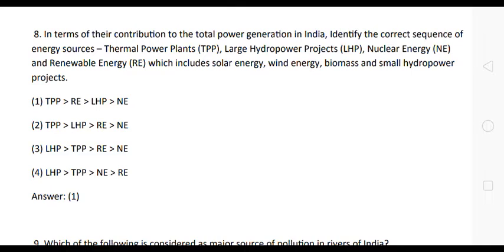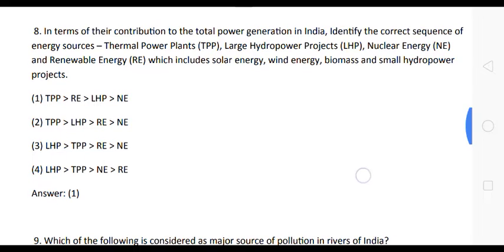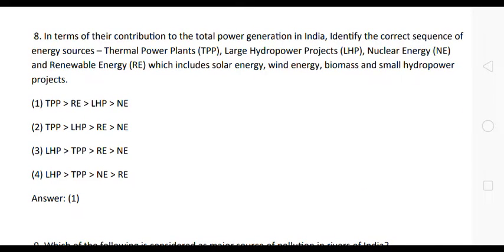Option 1. Here the thermal power plant is the largest energy source in India. After that, renewable energy. After that, large hydropower projects. After that, nuclear energy.